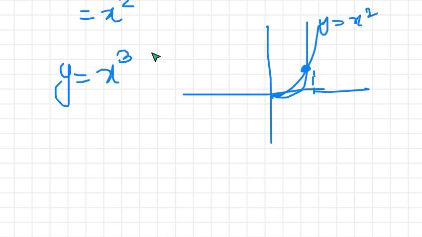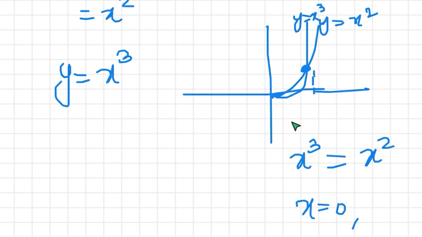This is y equal to x square, right? This is y equal to x cube. What is the point of intersection? Y equals x. X values will be how much? X will be 1, right? See, x cube is meeting x square graph. So either x is equal to 0 or 1. So x equal to 0, they are meeting here, and x is equal to 1, they are meeting here.